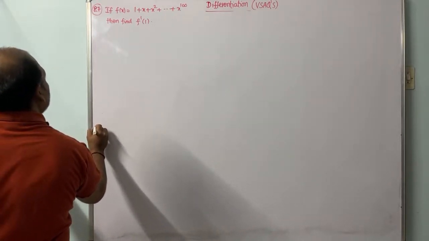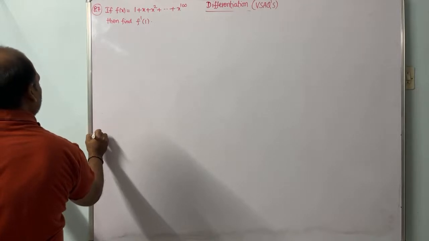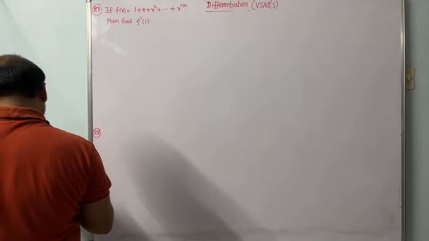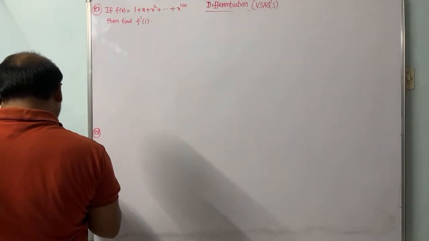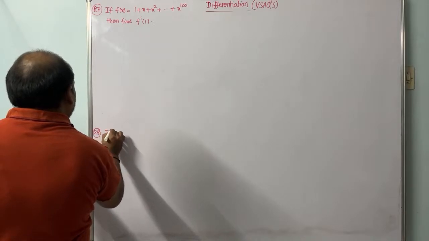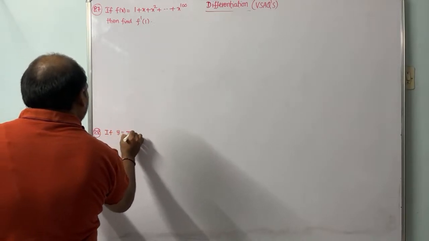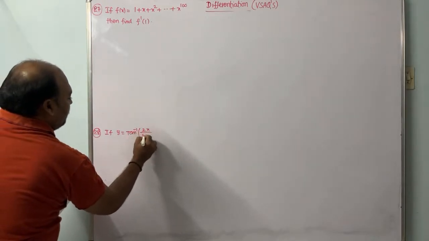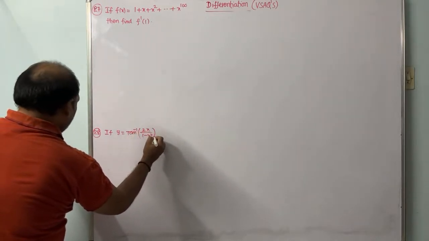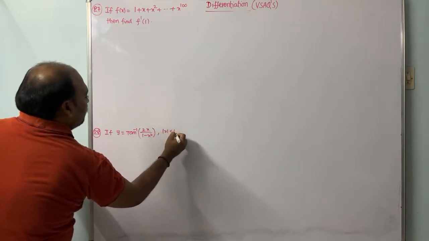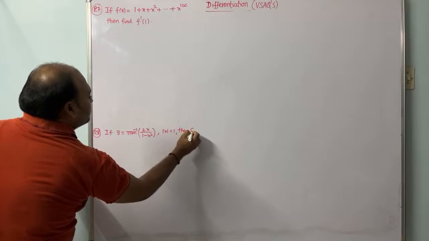Next, question number 28. If y equal to tan inverse of 2x by 1 minus x square, then find dy by dx.